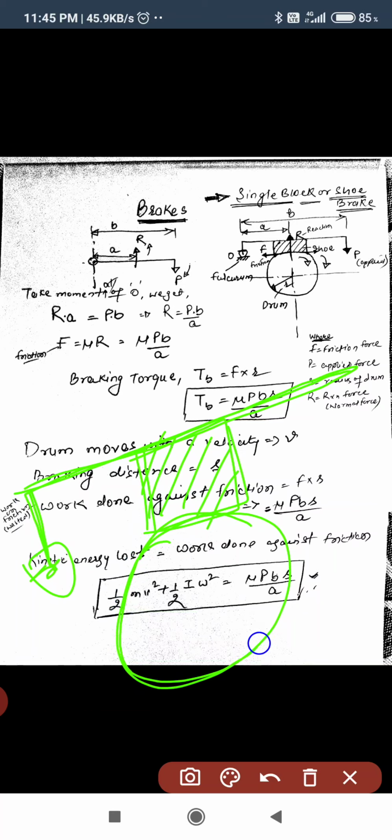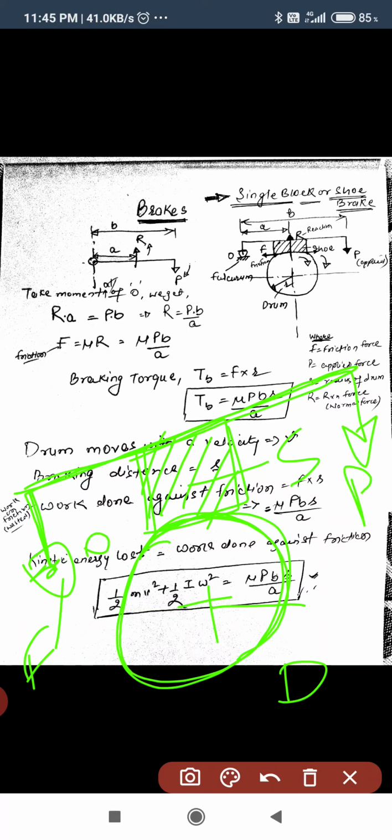This is the shoe, this is the drum, this is the fulcrum, fixed at this point, and I call this point O. P is the effort applied by a system from our side. This is a manual system, or by any means, this is our effort to stop or slow down the running system.